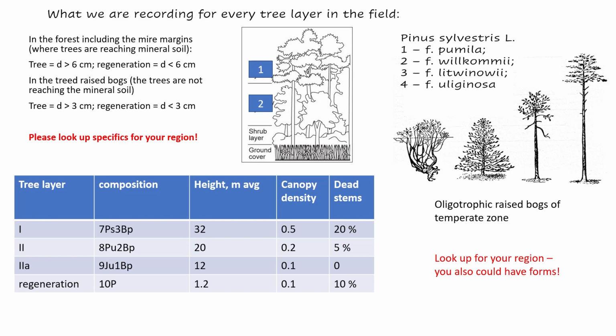Then comes forma litvinovi, which is smaller. Even having 200 years, it could have the size and diameter of 6-8 centimeters and height of 5 meters. Then comes the form Wilhelmi, which is a shrubby form.